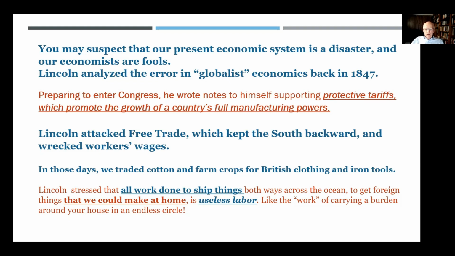And he makes a very funny analogy to the work, so-called, of picking up a burden on your shoulder and carrying it around the outside of your house in a circle, which is similar to the service economy that we have now, the post-industrial economy in the USA since the 70s.